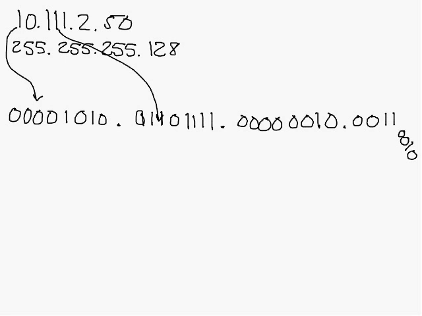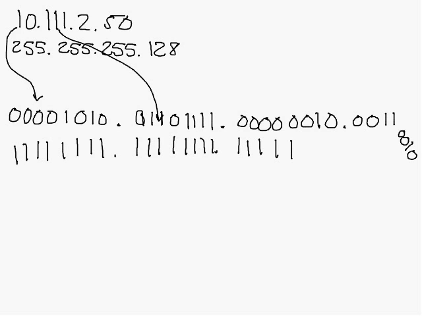Now 255, of course, is what? It's all ones in binary. That's the biggest number you can have in 8 bits. Same for the second octet, and same for the third octet. But 128, we know, is actually just a 1 in the first position and zeros in the others.